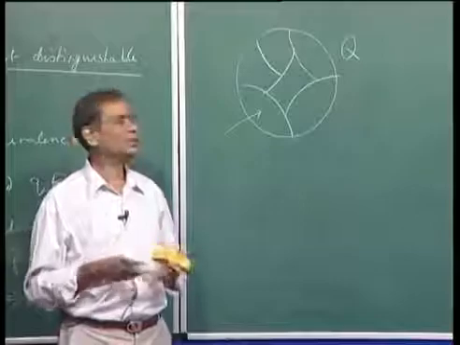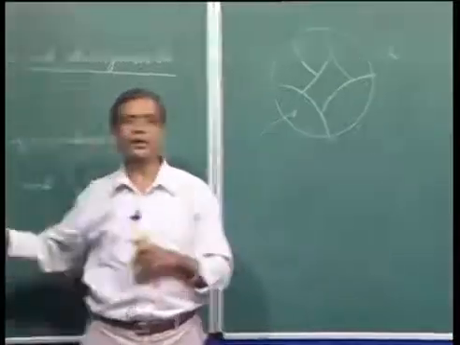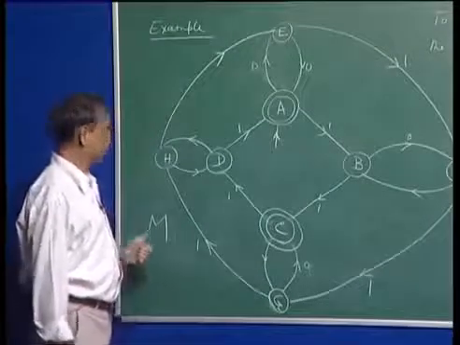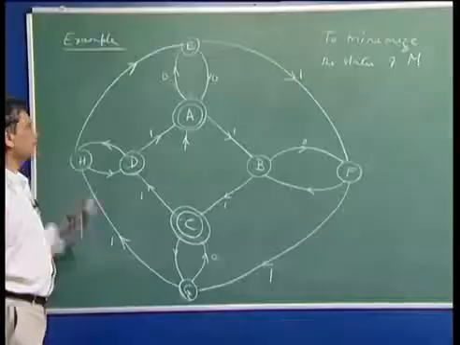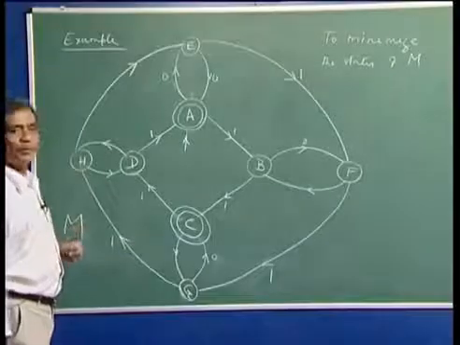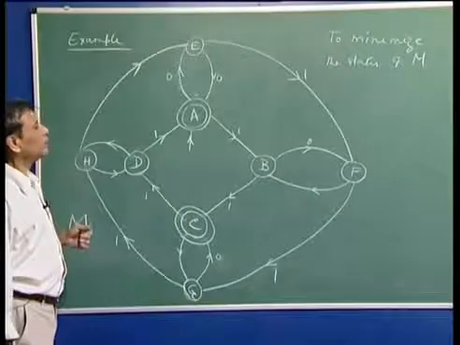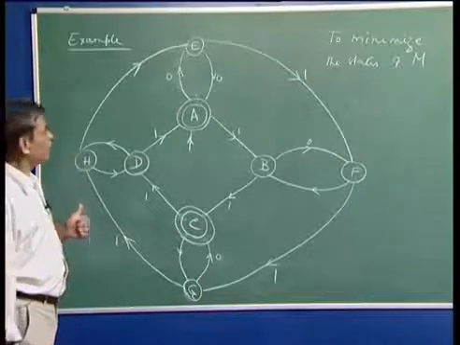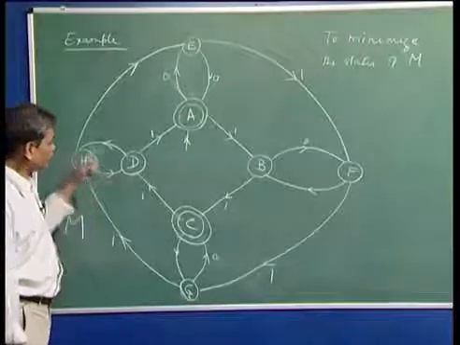But at this point, it is good to take up an example and see what is happening for the entire process. Consider this machine, this DFA, which we call M, and we would like to minimize the states of this machine M to come to another DFA with the minimum number of states which should accept the same language.